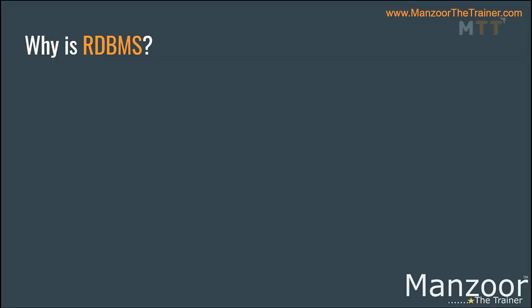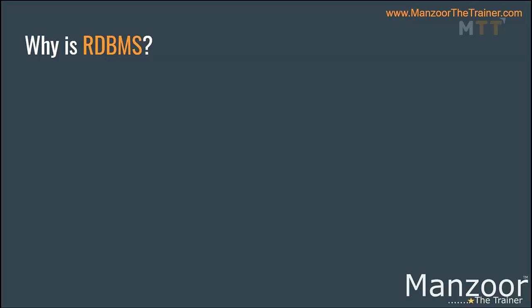So R stands for relation, DB stands for database, MS stands for management system. So there is a management system above your database, and our database is logically in the form of tables, which is relation, and this management system's job is to read the query and give the information they want.